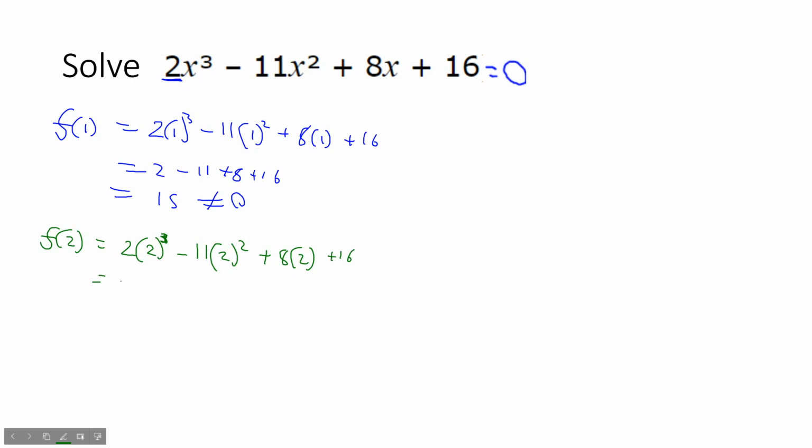And what we're left with is 2 times 2 cubed, that's just 16, minus 44 plus 16 plus 16. And so what we're left with is an answer of minus 4. Again, still not 0. Okay, let's try something else.